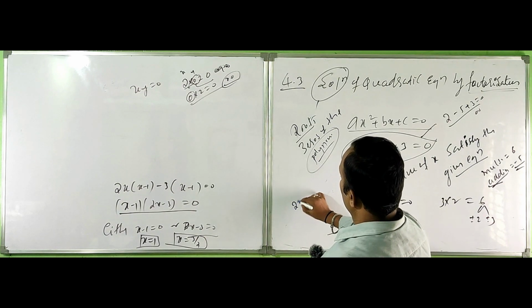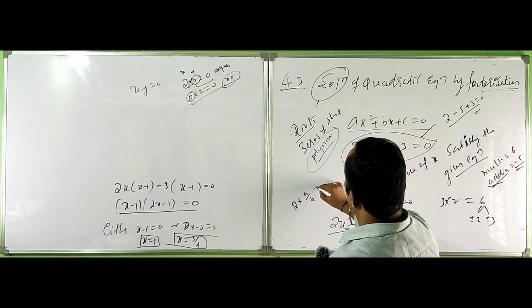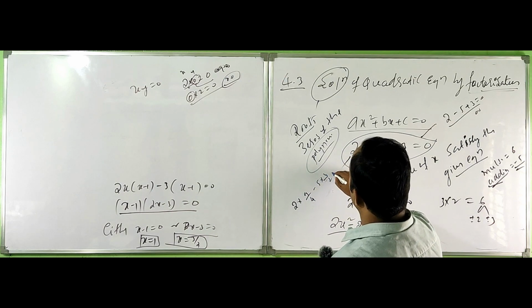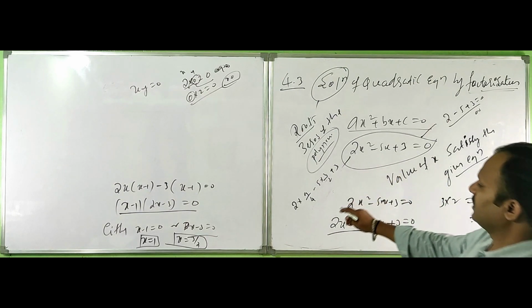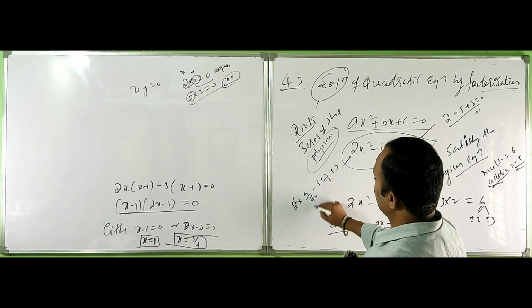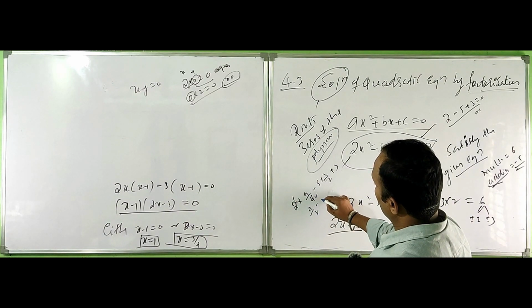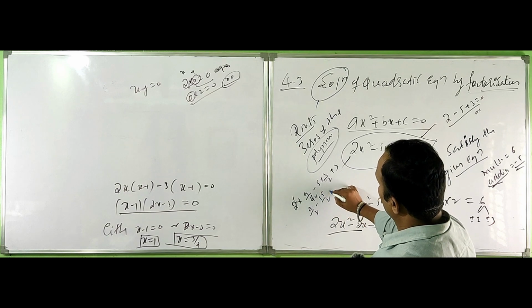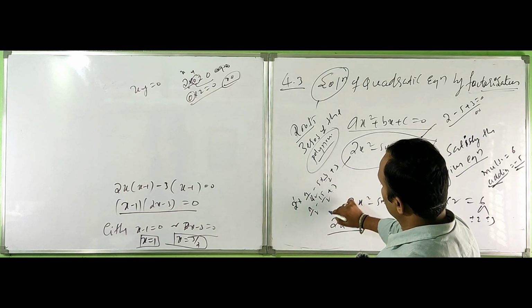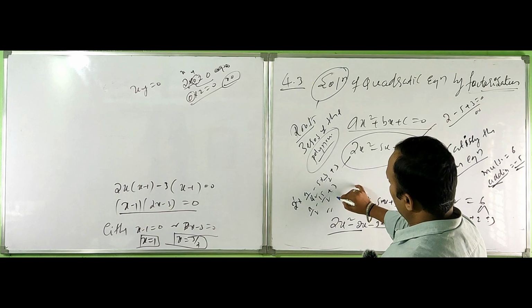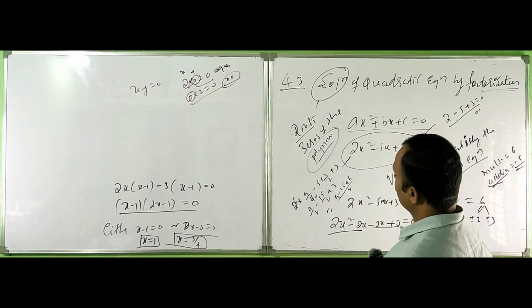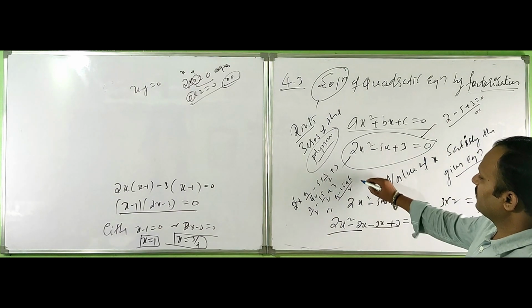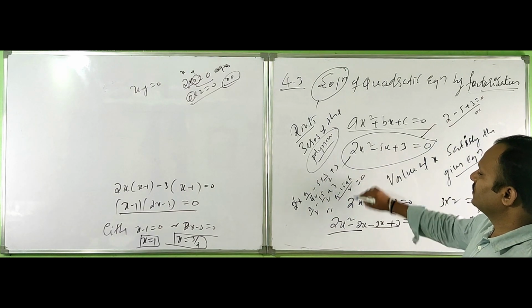Okay, 2 into 9 by 4 minus 5 into 3 by 2 plus 3, so 2 ones are 2, twos are 9 by 2 minus 15 by 2 plus 3, this becomes, okay, 9 minus 15 plus 6 by 2. Okay, this becomes 0 now. 9 plus 6 becomes 0.